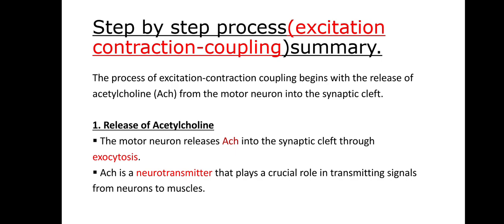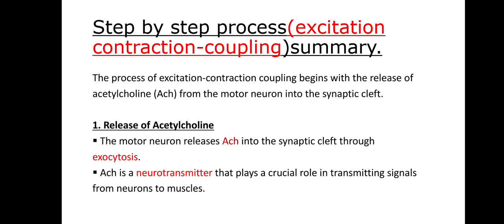Now with excitation-contraction coupling, there is some basic information that you should know before you even start listening to this tutorial. The first thing is you must familiarize yourself with the neuromuscular junction and how an electrical impulse is able to move from one neuron to another.